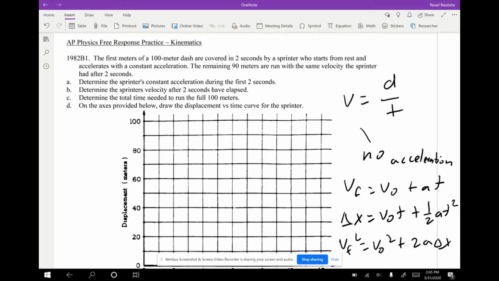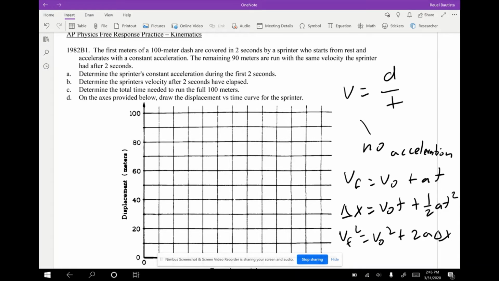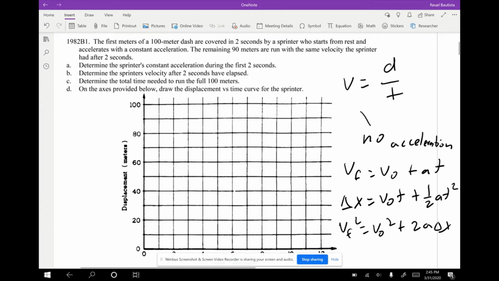So what we're going to look for is the constant acceleration during the first 2 seconds. We know there's acceleration, so we're not going to use the first equation. We're going to use one of these 3 equations.